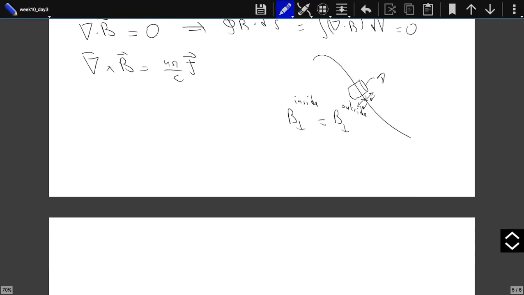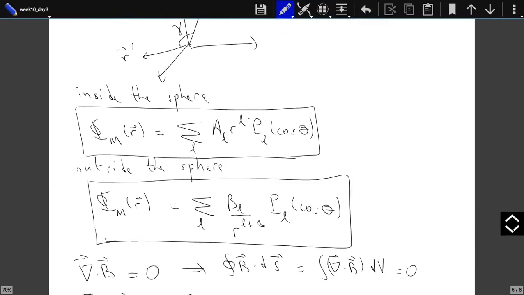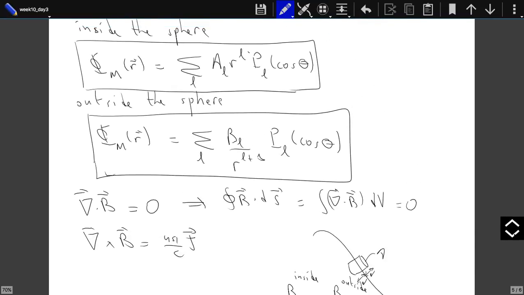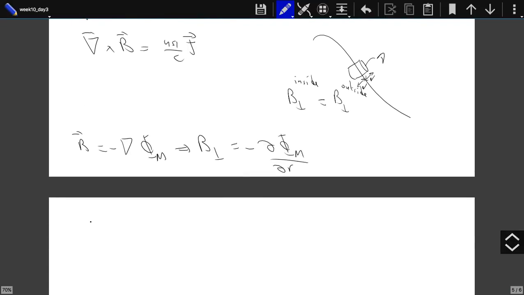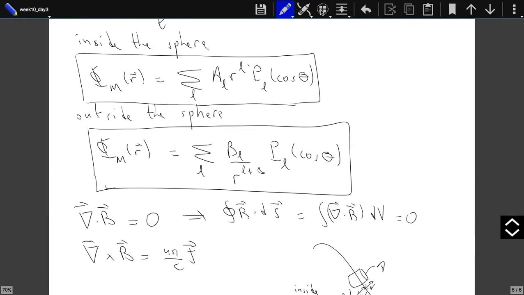Now B perpendicular, remember B is equal to minus the gradient of phi_m. In this case, I have a spherical boundary separating my two regions. So B perpendicular is nothing but minus the derivative of phi_m with respect to r. The perpendicular component is the radial component. So these are my phi's. If I just take the radial derivatives with a minus sign, let me copy these.